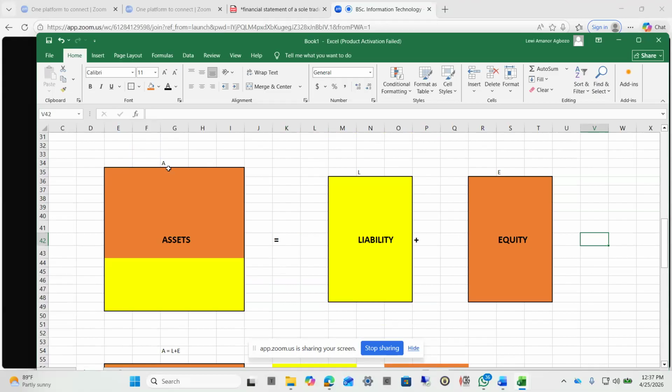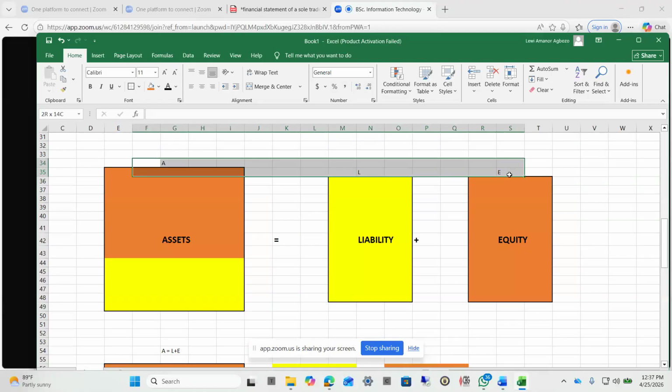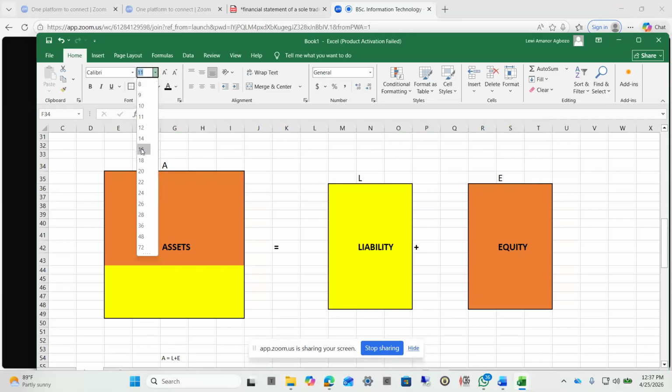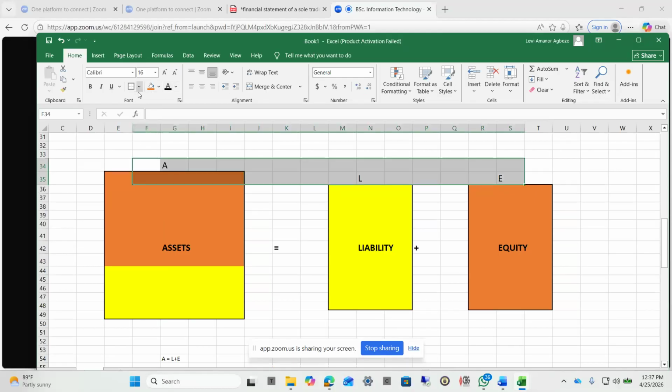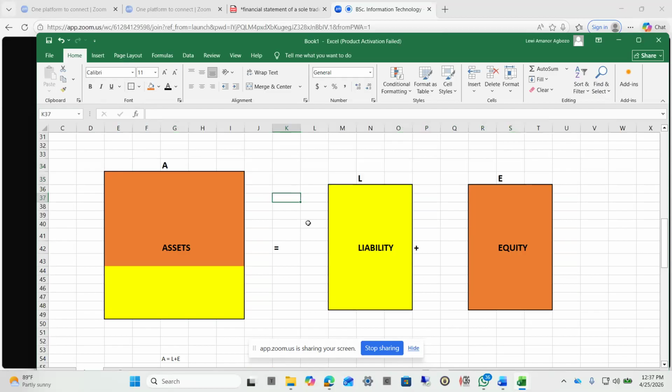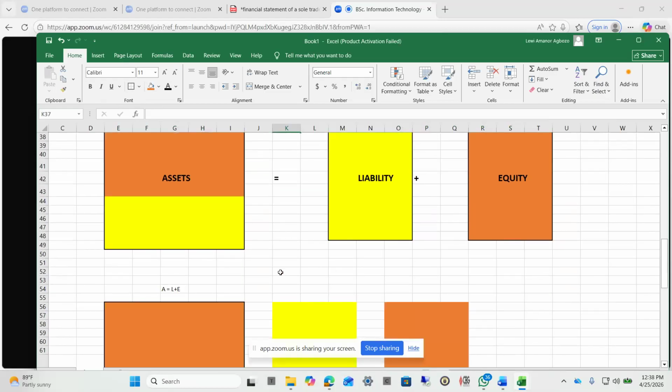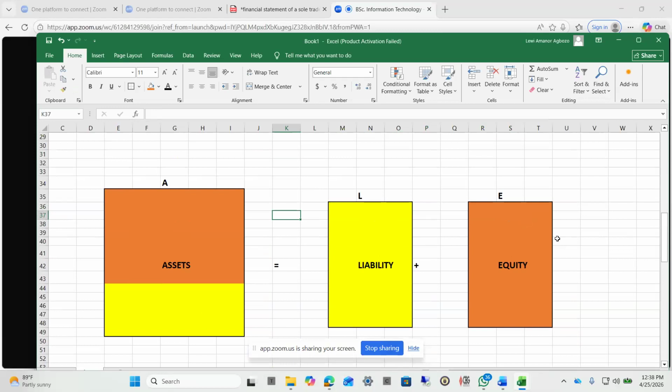So all we are saying is that the balance sheet should always be balanced by this equation. In every balance sheet, this equation plays an important role. So don't forget this equation in accounting. It's an accounting equation forever and ever.